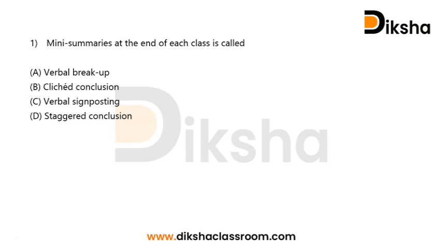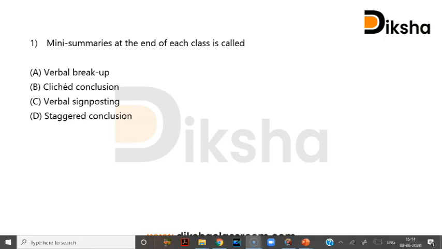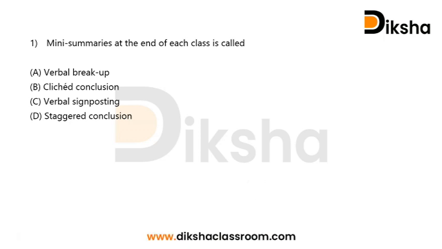This is the first question which appeared in the 2nd December 2019 afternoon shift paper. Mini summaries at the end of each class is called: verbal breakup, cliched conclusion, verbal signposting, and staggered conclusion. As we always do when answering teaching aptitude questions, first find out the key term.